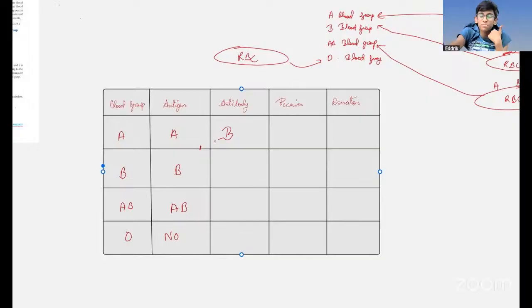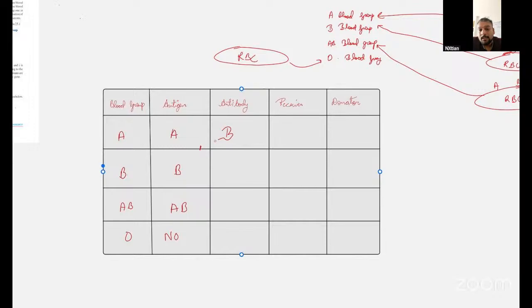That is why you can't give B blood group to a person with A blood group. For example, I have B blood group and David has A blood group.